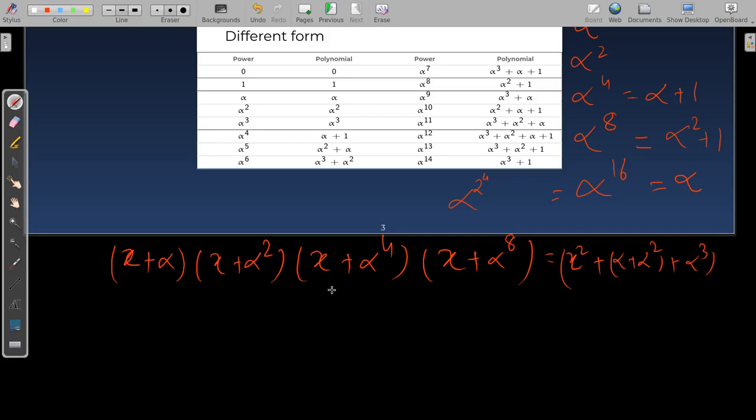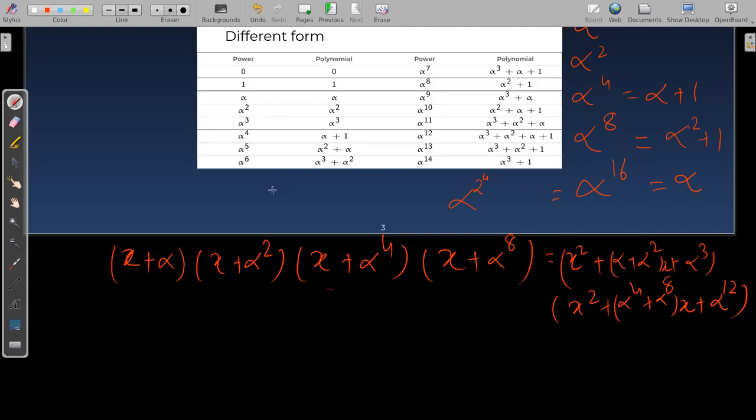And if I multiply these two together, I will have x² + (α⁴ + α⁸) x + α¹², right?